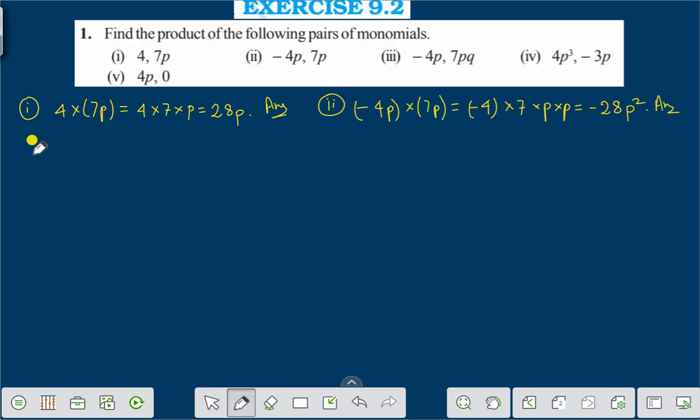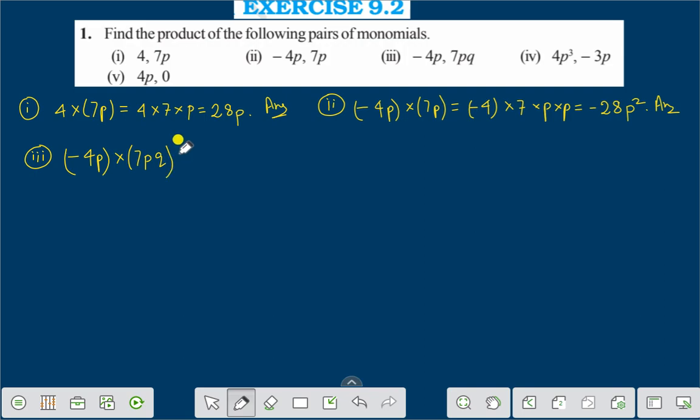Now question number 3 here you see is minus 4p into 7p cube.